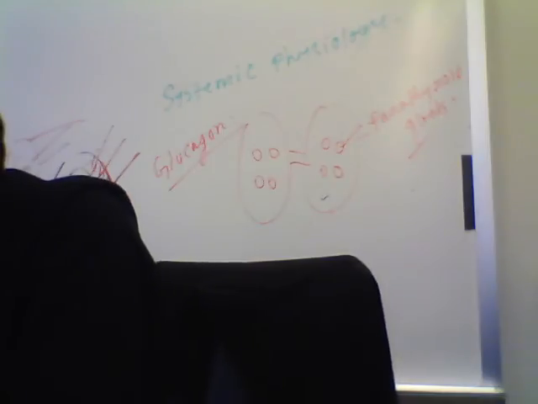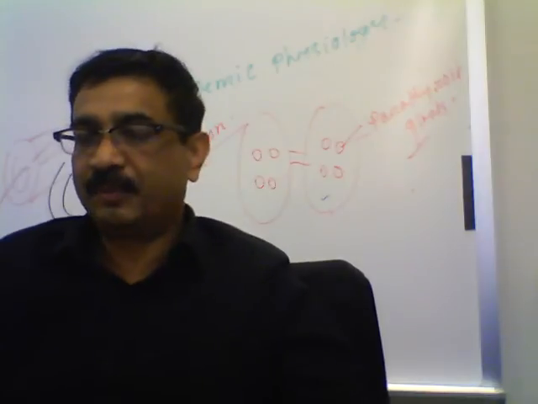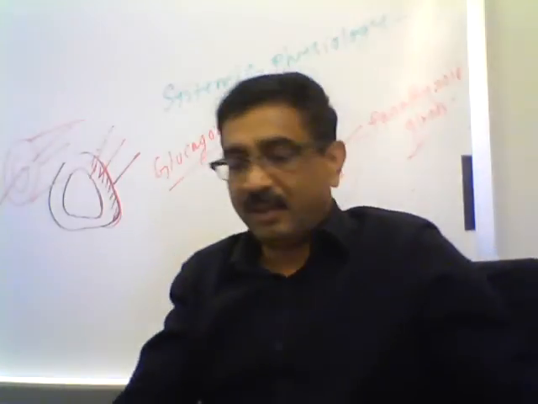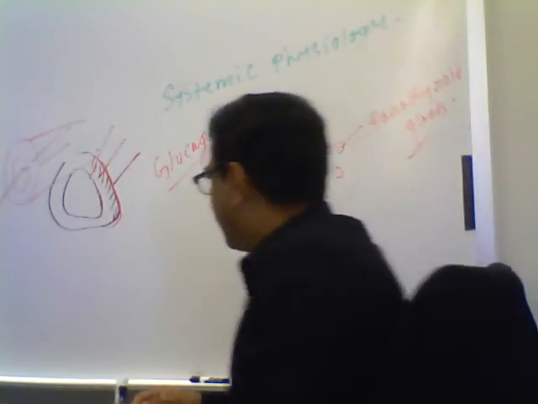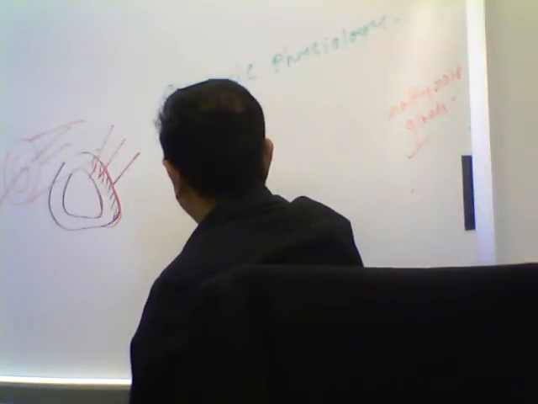Then, on the top of the kidneys, you will see the adrenal glands. You have two kidneys, therefore you have two adrenal glands.